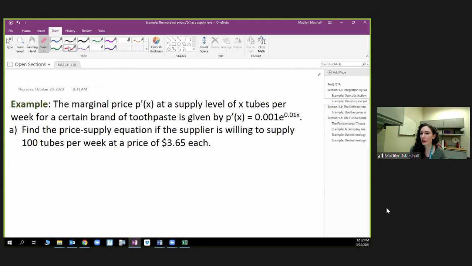So we're going to get to the 100 tubes per week part in a little bit. But first, let's focus on this first phrase. So find the price supply equation.